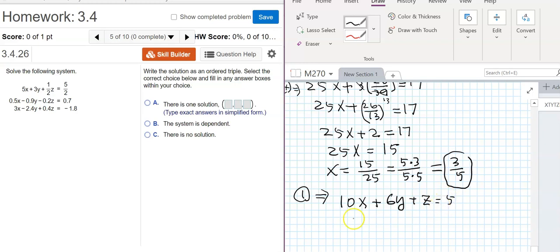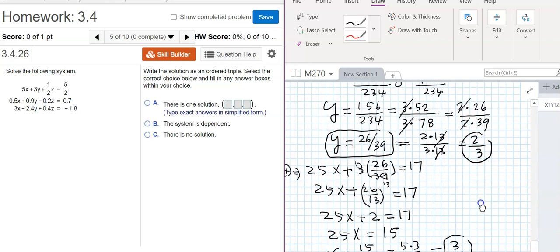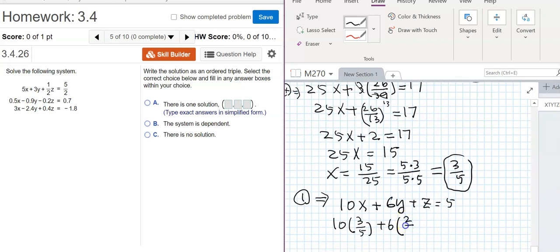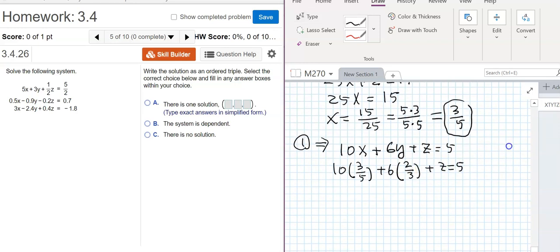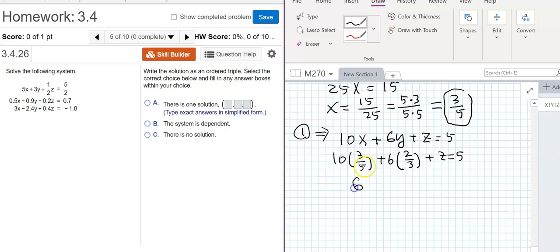So I'm going to plug it in. 10 times x, which is 3 over 5. What is y? 6 times y is 2/3, plus z equals 5. So the 5 cancels with 2, and the 6 with 3, giving 6 plus 4 plus z equals 5. So 10 plus z equals 5, z equals negative 5.